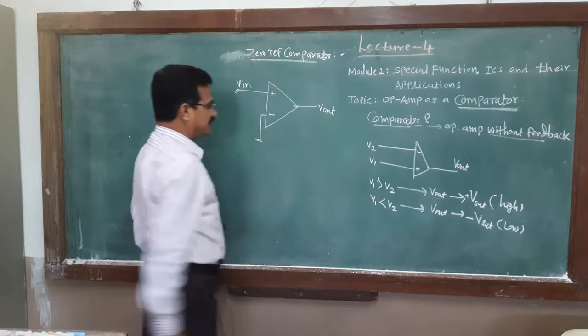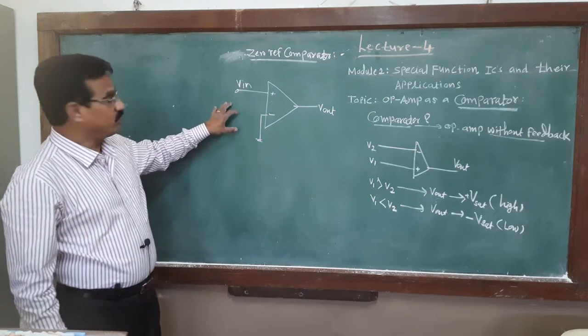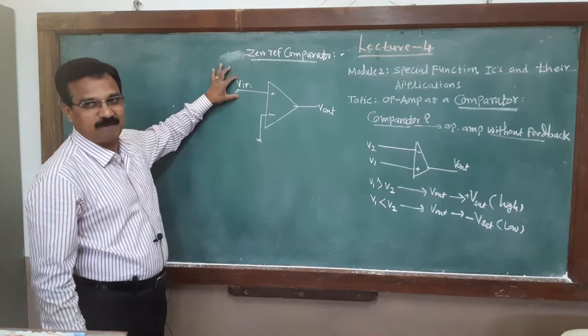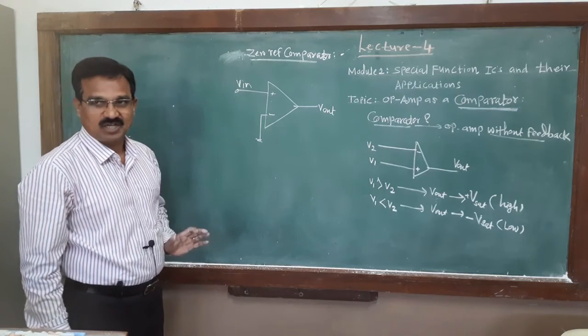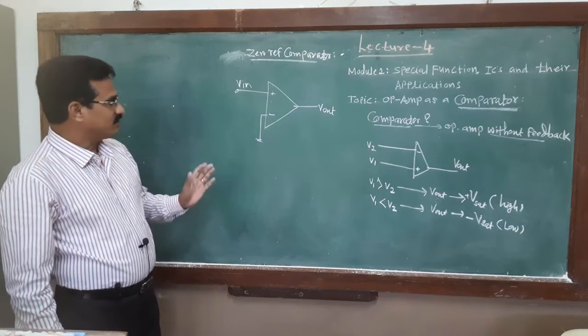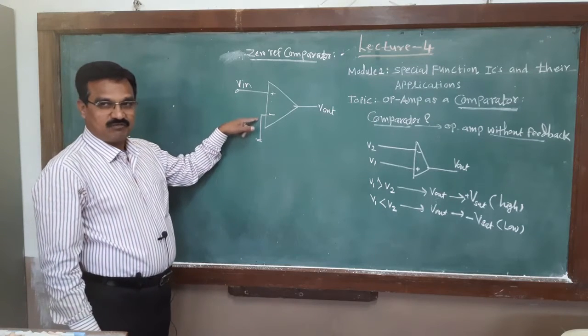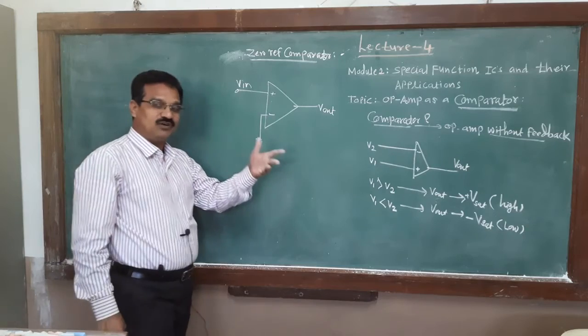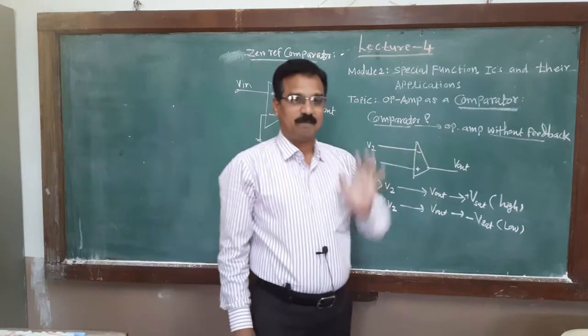This is a simple circuit. Such a comparator we call a non-inverting comparator, because the input is given to the non-inverting terminal. But if the input is given to the inverting terminal and the other terminal is connected to ground, then we call it an inverting comparator.